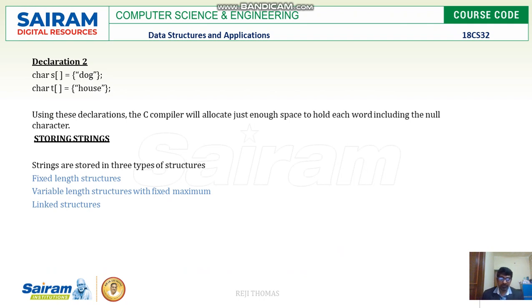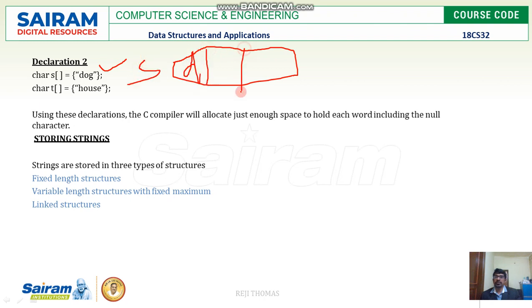This is another way of declaring a string. You need not give the size for a string. The size will be taken by your computer, but you have to give the string as it is. That should be inside double quotes, and the double quotes should be enclosed within braces. If you look at the first one, we have taken a string called dog, and that is stored in an array called S. So this is going to be D, this is going to be O, and this is going to be G, and as I told you, the string will get terminated with a null character.